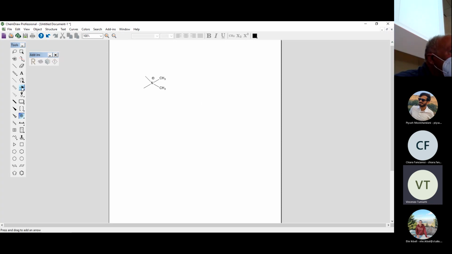This means also that the active form of morphine in the interaction with the receptor is the protonated form. Here, here, and here.